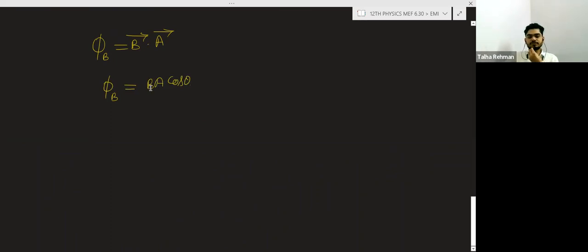And this magnetic flux is a scalar quantity. And what is the definition of magnetic flux? The number of magnetic field lines crossing an area perpendicularly. So this magnetic flux concept should be clear.